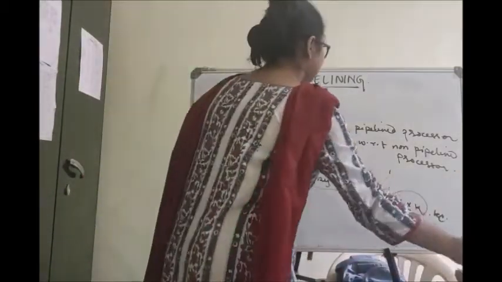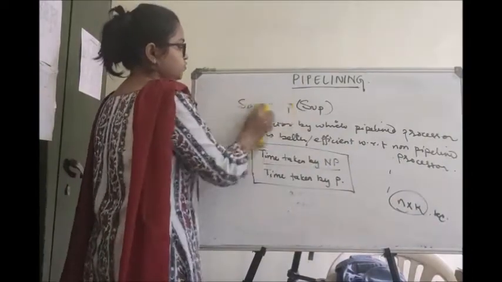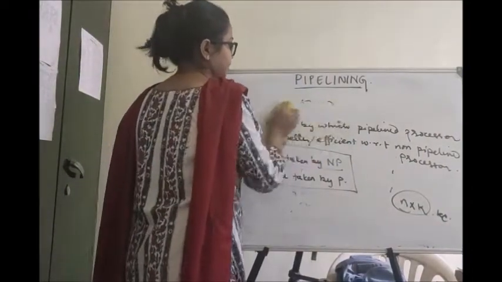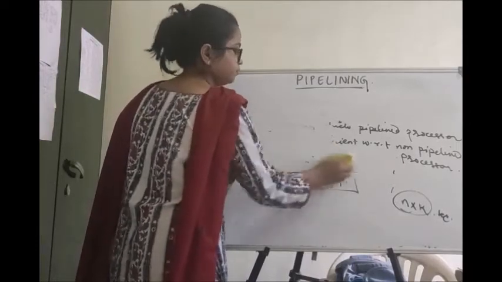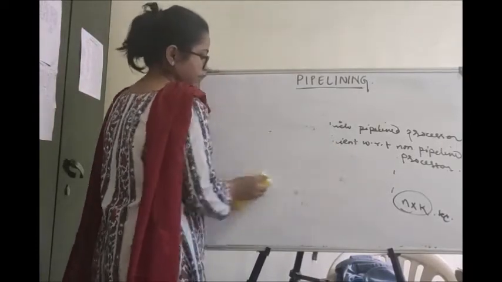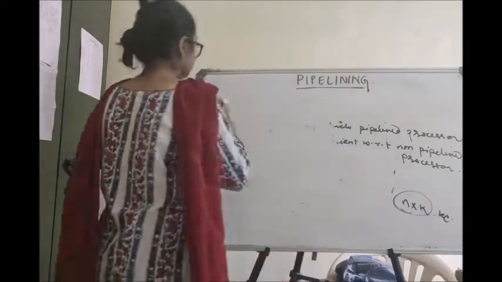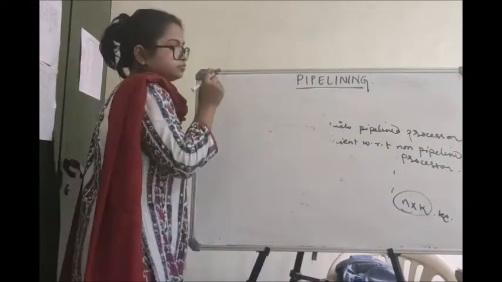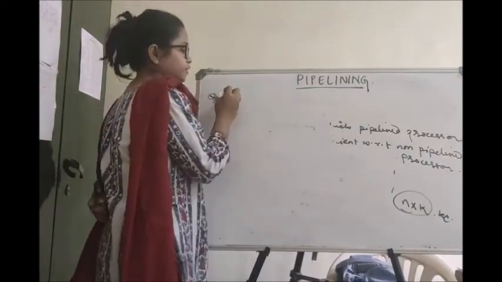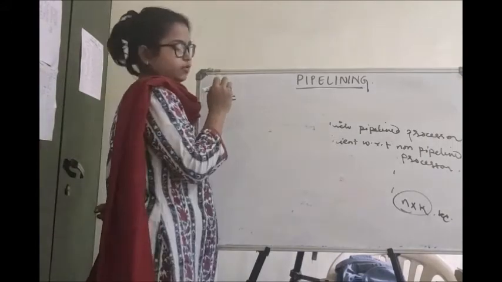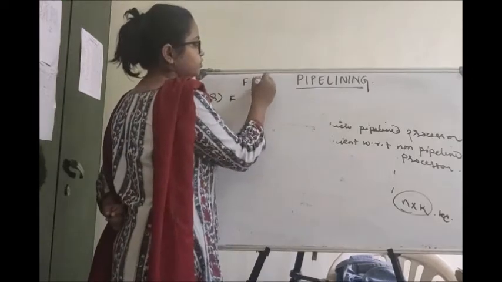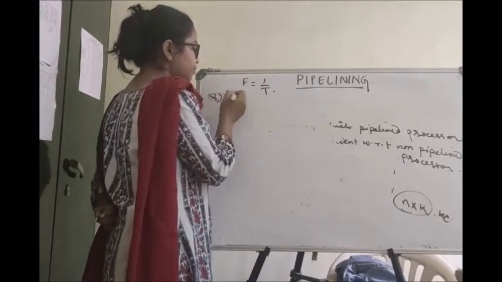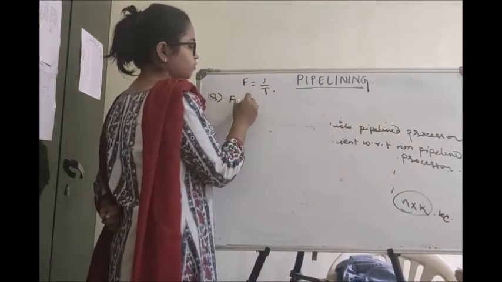So let's take an example and calculate speed up in a given scenario. Suppose the question gives the frequency, because if frequency is given you can easily deduce the time period: frequency equals 1 by T. Suppose the frequency is 1 megahertz.